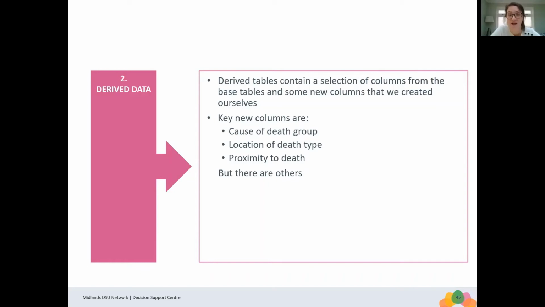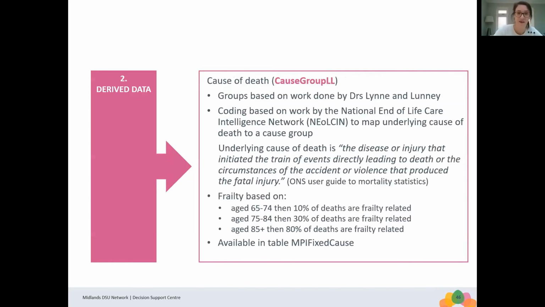There's cause of death, location of death, and proximity to death. So the cause of death group, the column is called cause group LL, and it's based on some work by Doctors Lynn and Lunny, who came up with these 5 different causes of death groups that we've seen used quite heavily in the report.